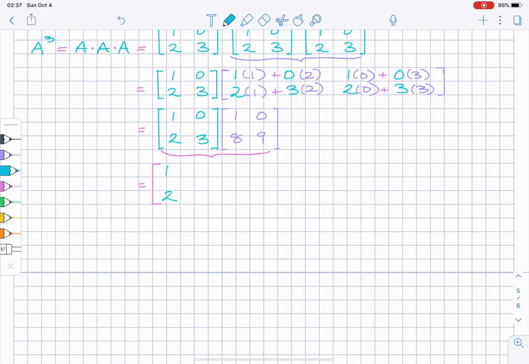So it's going to be row (1, 2) times the first column (1, 0) plus (0, 3) times (8, 9)... Then I'm going to add to that 0, 3 times 9. Okay, it's supposed to be pink.